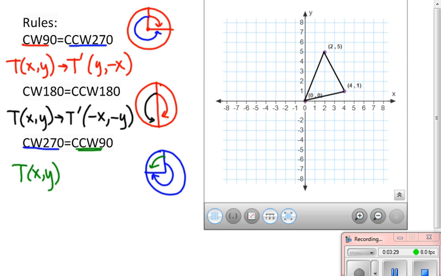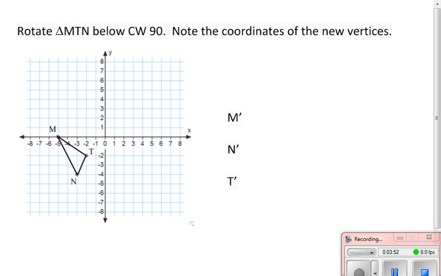So those two rotations have the rule of the opposite of y and then x. So those are on your reference sheet and something you're going to want to refer to when you are doing your homework problems. So let's look at a couple examples.